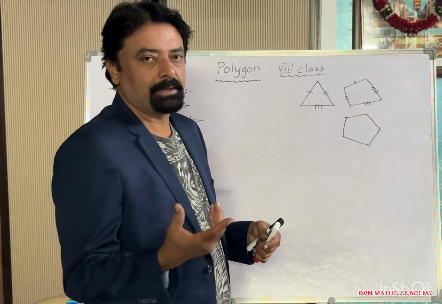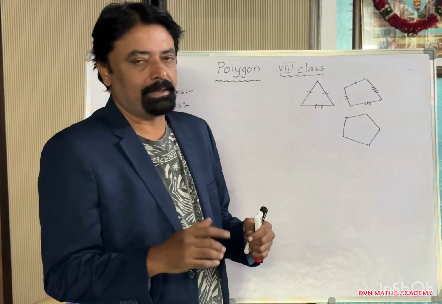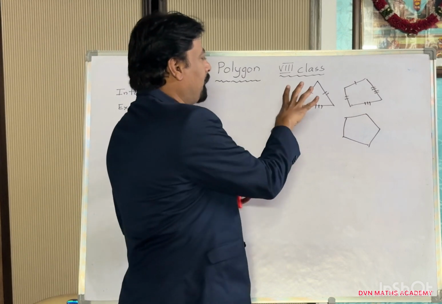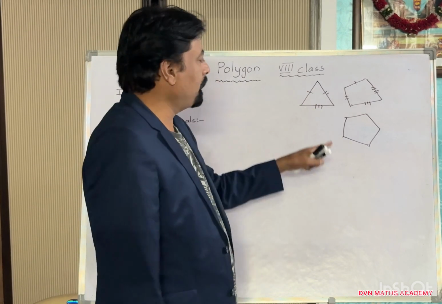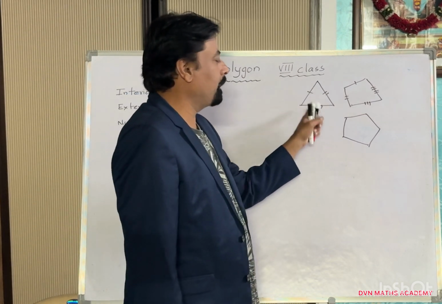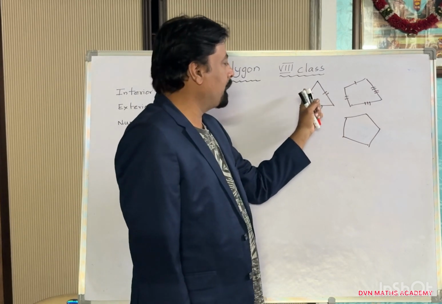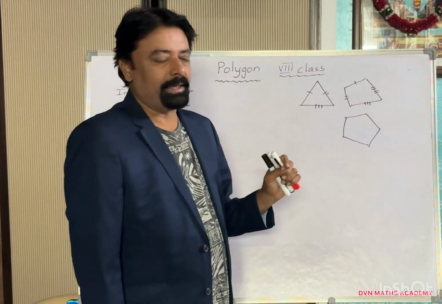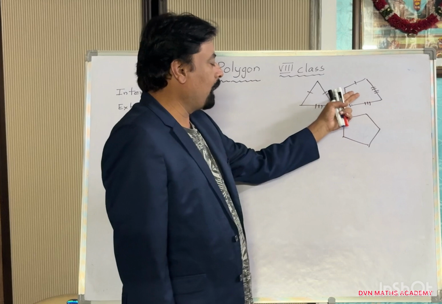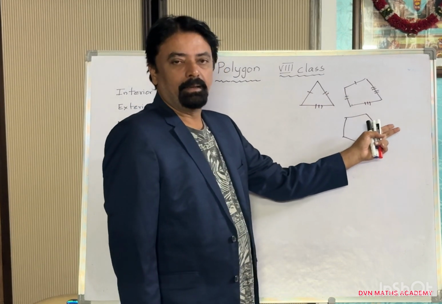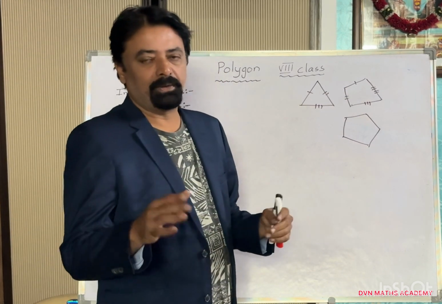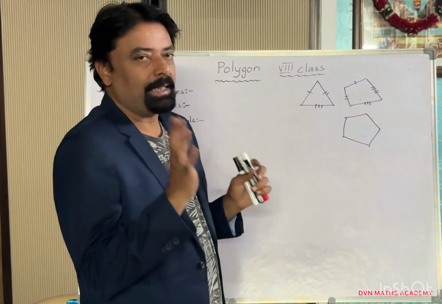Decagon means having 10 sides. Nonagon means it has 9 sides. But the least-sided polygon is the triangle, because we cannot make a polygon with two sides. So triangle, quadrilateral, pentagon, hexagon, and so on: these different names are given according to the number of sides.